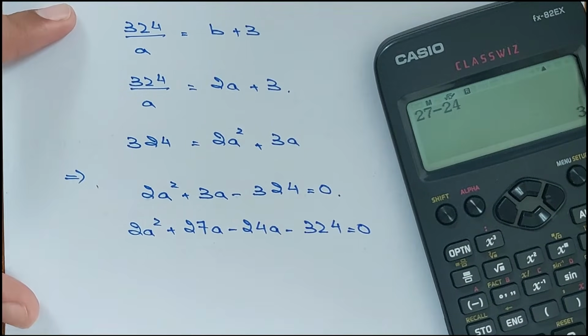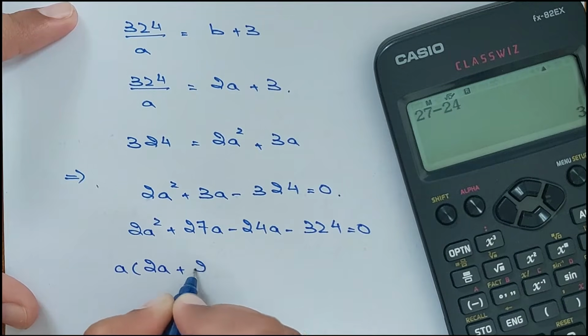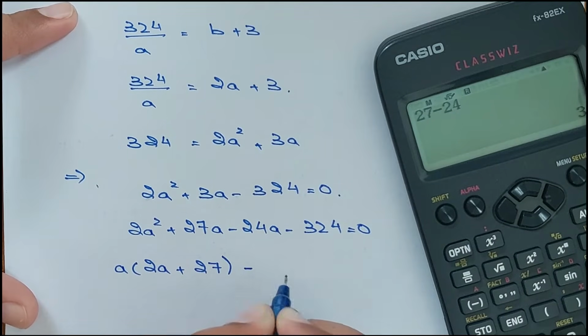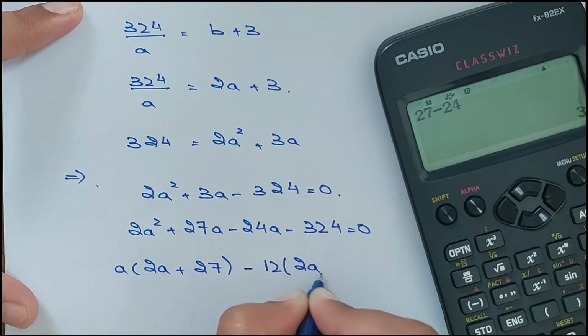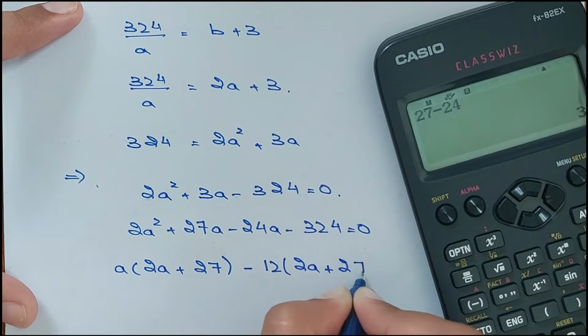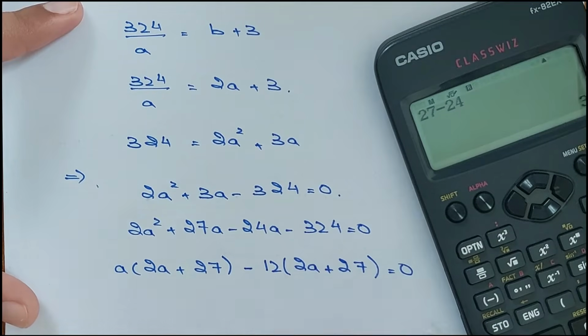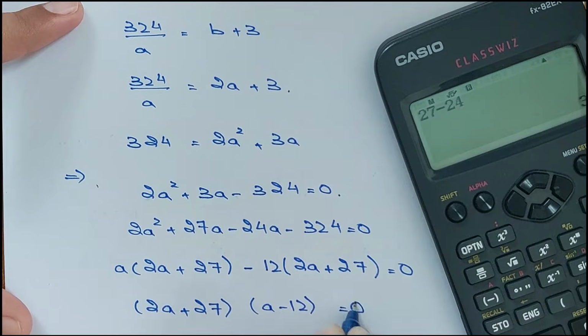Okay, so let me take A common. We are left with 2A plus 27, and taking negative of 12 common. 12 times 2 is 24A, and plus 27, because 12 times 27 is 324. Okay, two factors are 2A plus 27, and we have A minus 12. This would be equal to 0.